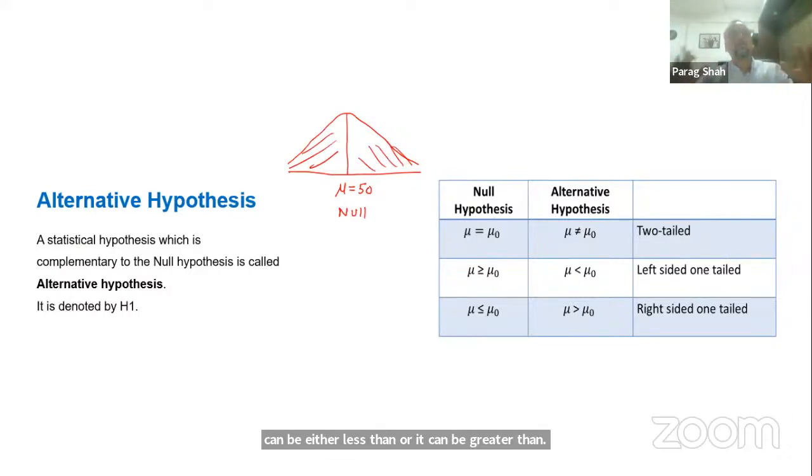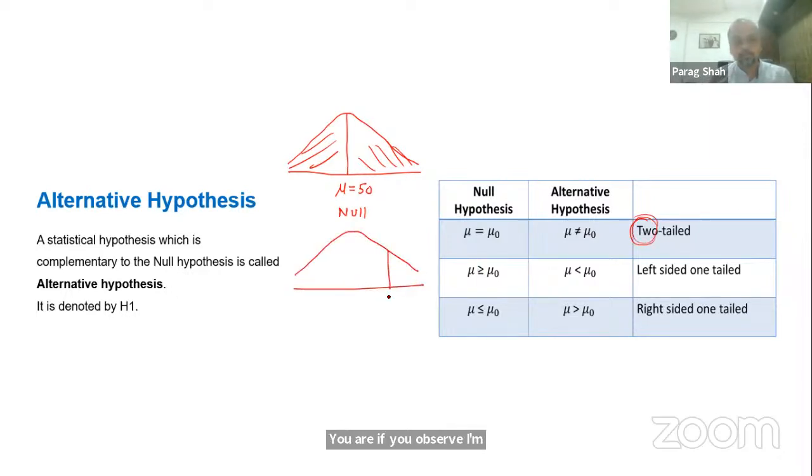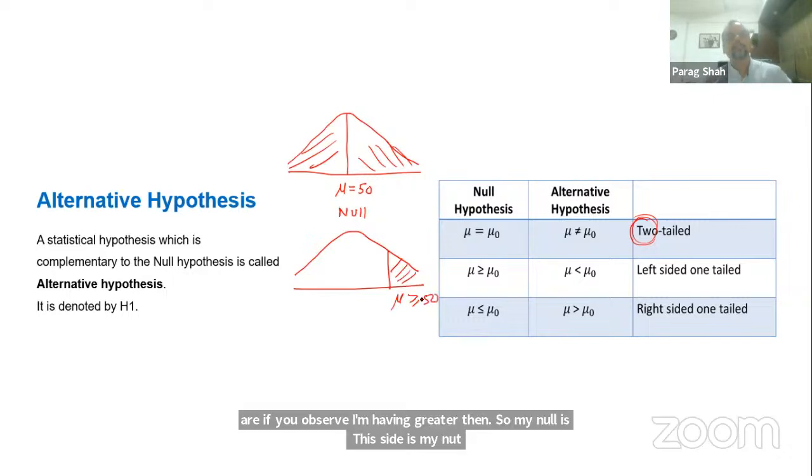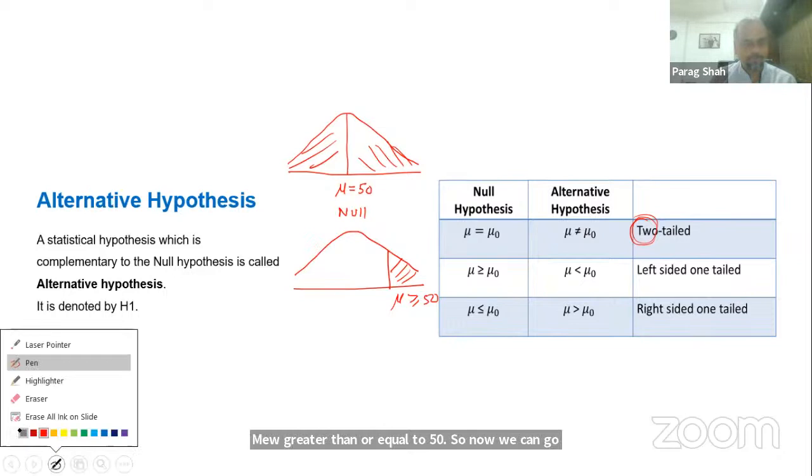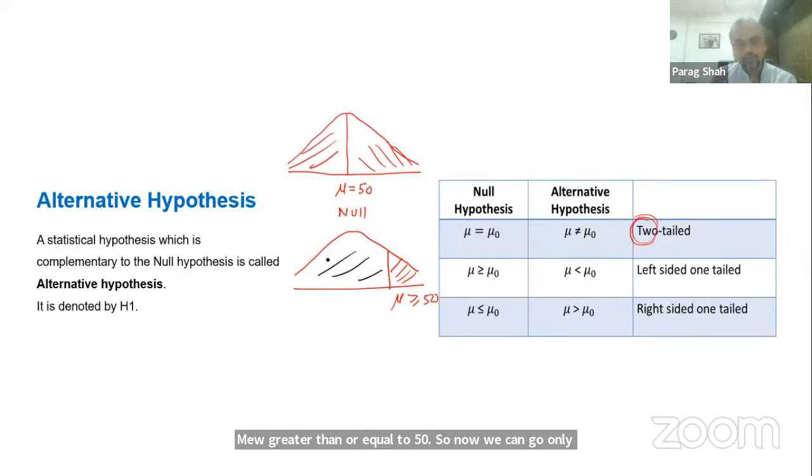Because it can go on both sides, it is called two-tailed. Here, if you observe, my null is mu greater than or equal to 50. So now we can go only on the other side. I can go only over here, and that is called one tail.